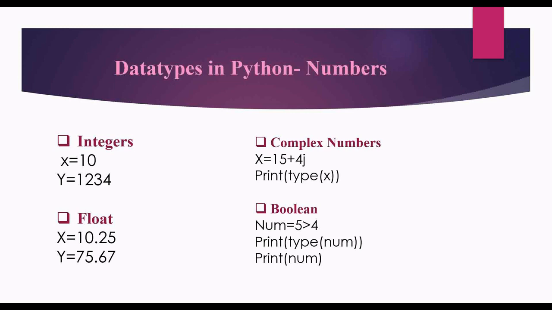So next we have complex numbers. We know that it is the form which represents a real value and an imaginary value, and the imaginary part is denoted by j at the end of the number. So it is a representation of imaginary values. Let's see how we will initialize it.